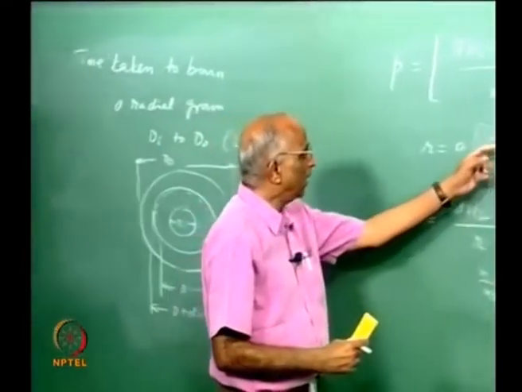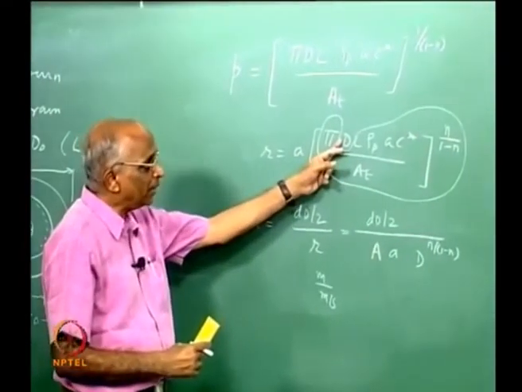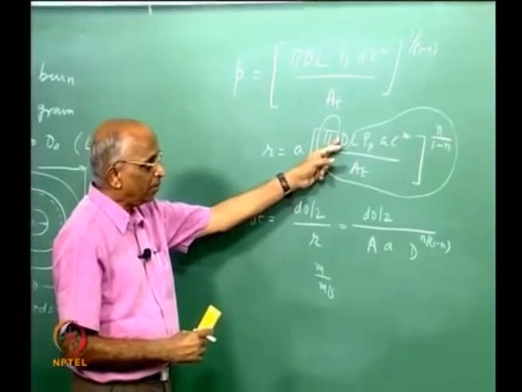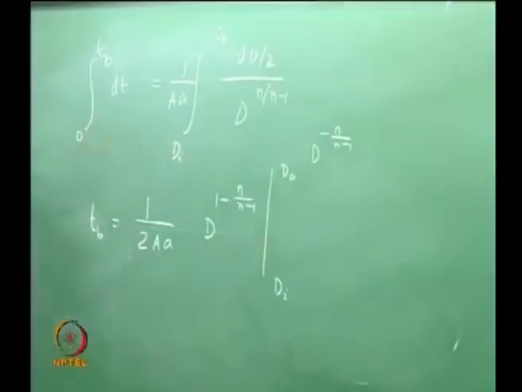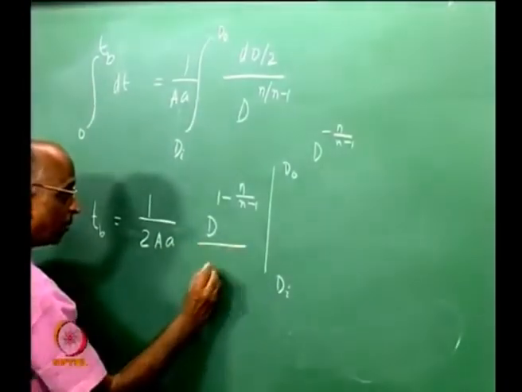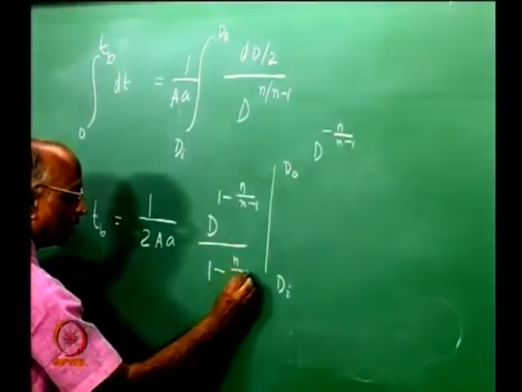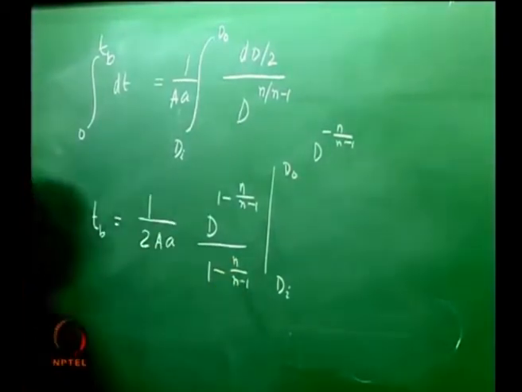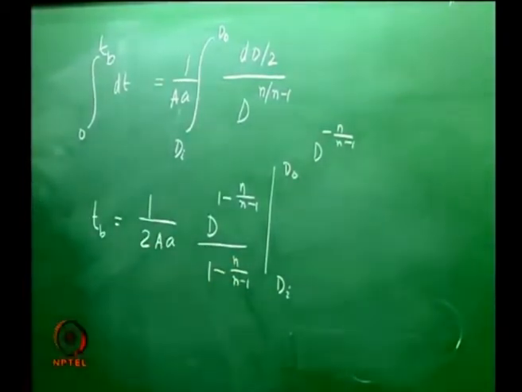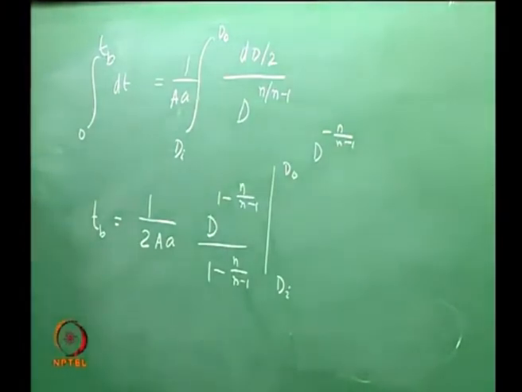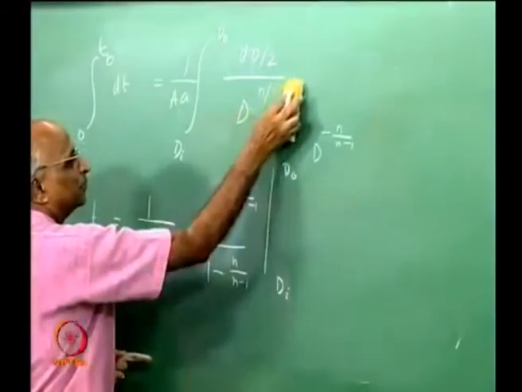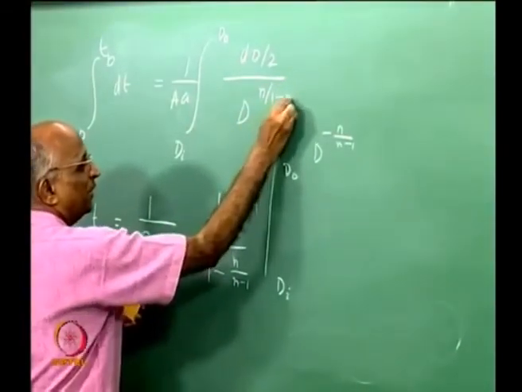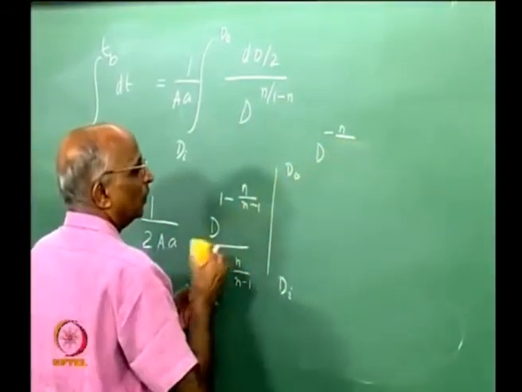Is it all right? I had d over here, I brought it up, d to the power minus n by n minus 1, and therefore, integrating out, I must also get divided by 1 minus n. Was it n minus 1 or 1 minus n? 1 minus n.